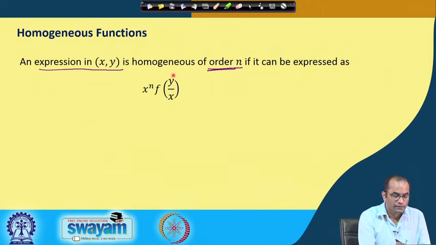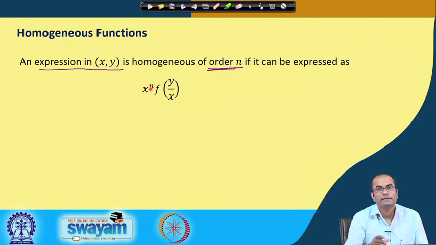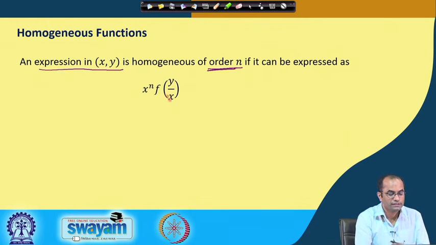Then we call such a function a homogeneous function of order n. So, this n here is important. If we can bring this x power n out and the rest can be written as a function of y over x, then we call such an expression a homogeneous expression of order n.